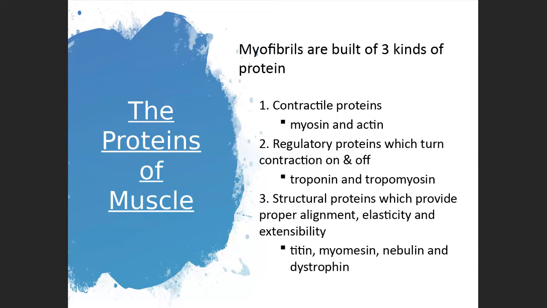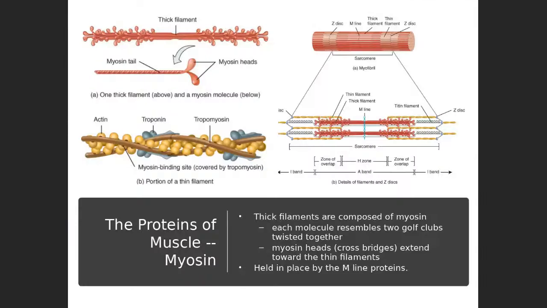Then we've got the structural proteins that provide alignment, elasticity, and extensibility of the muscle. So we've got titin, myomesin, nebulin, and dystrophin. You might have heard of the term muscular dystrophy, and that's with a lack of this structural protein. It's just something to bear in mind there.